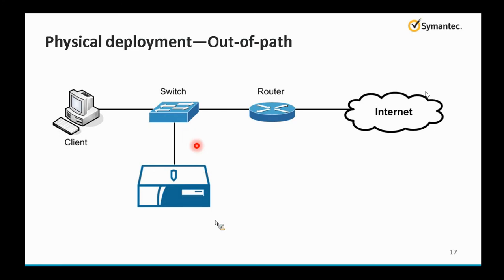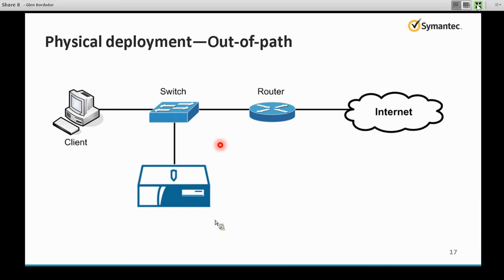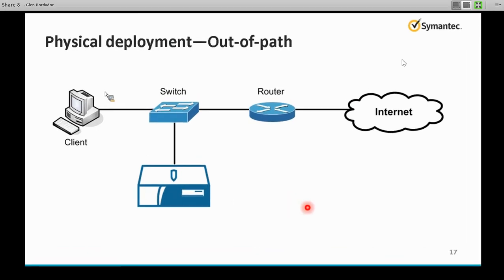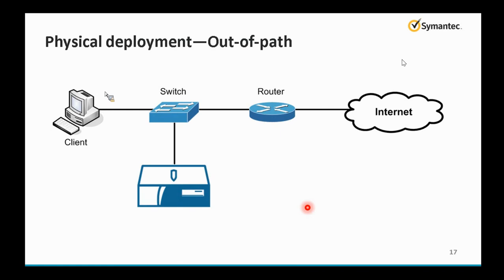So the likelihood of them failing is not at the proxy, because the proxy is a layer 7 device, right? Because the proxy is an application device. So if you want to have more redundancy, you can put multiple proxy, multiple load balancers. It's really up to your resources. Okay? So that is the different physical deployment.